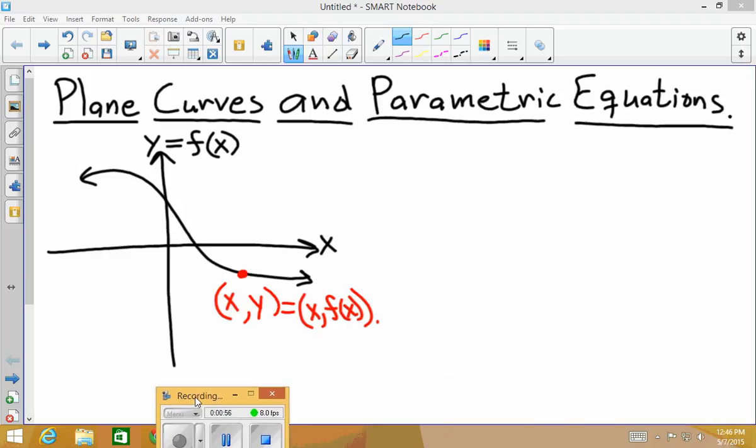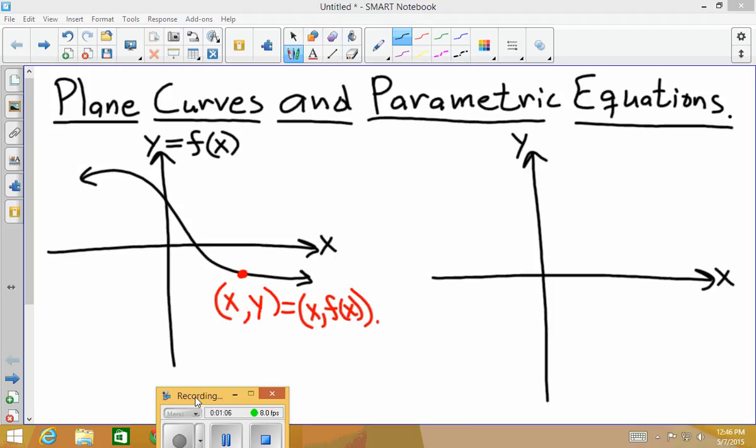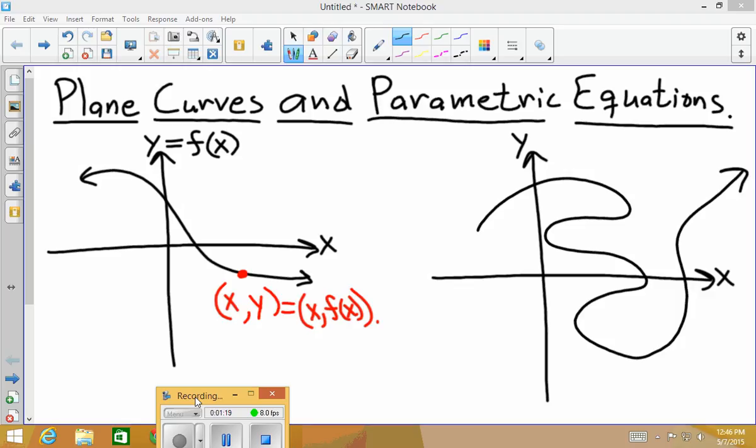So suppose that you have your Cartesian coordinate plane, and you consider a point moving around in this Cartesian coordinate plane, some sort of particle, maybe an electron or some other sort of particle. Well, that particle may move in some kind of crazy ways, and so the particle may start at this point and move along this curve this way, so on.